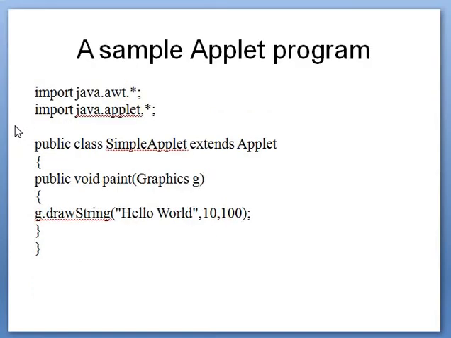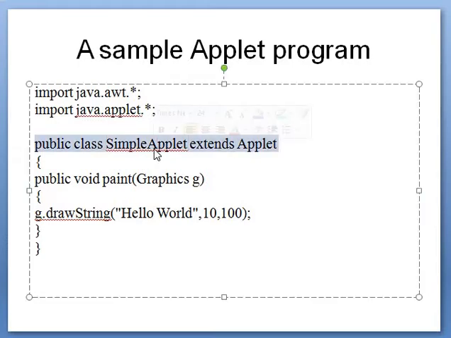A simple applet program, an example program, is here. SimpleApplet is the name of the applet. Here we import java.awt.* and the java.applet package. Two different import statements are there. The first imports the Abstract Window Toolkit, or AWT, classes.